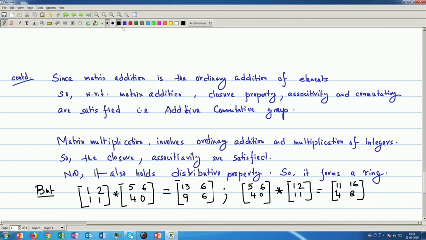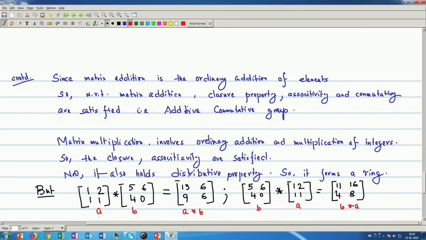So, what we see is this AB, if I consider that A is a 2 by 2 matrix and B is a 2 by 2 matrix, this is A star B, and if we take B and A, this is my B star A, and these two are not equal.